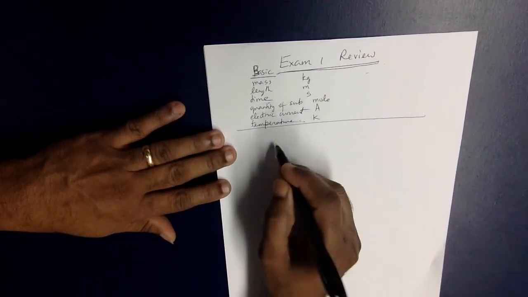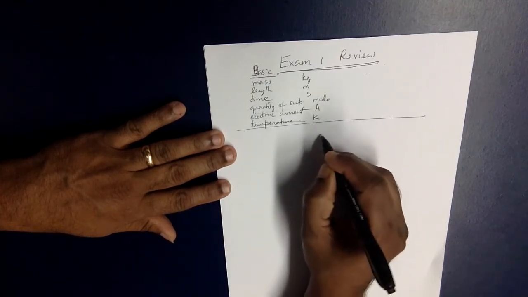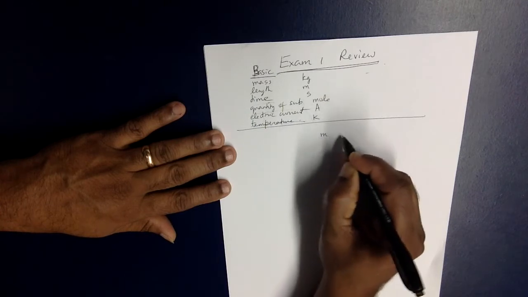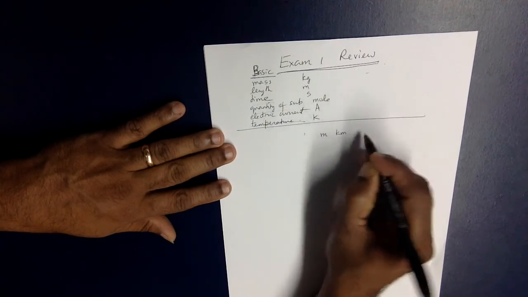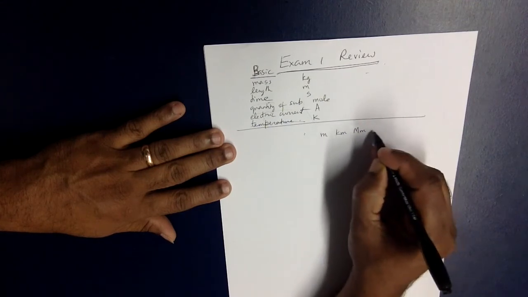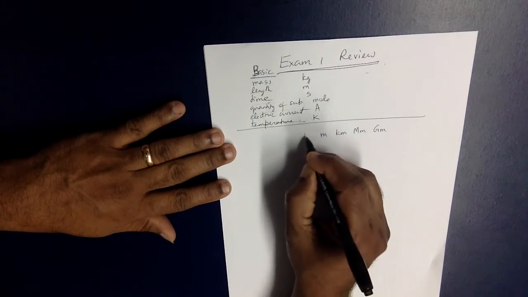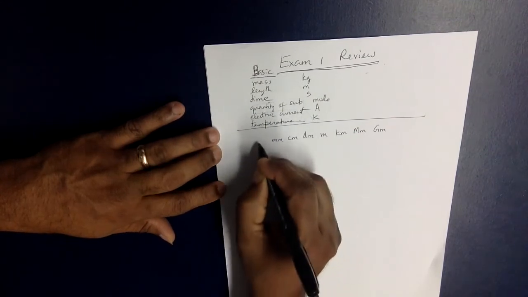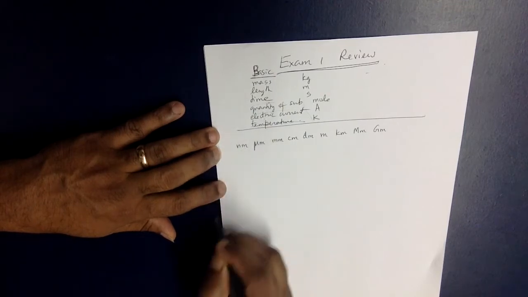Okay. The other thing you should know is the prefixes. I've shown you so many prefixes like meter, then kilometer, then megameter, then gigameter, and on the lower side decimeter, centimeter, millimeter, micrometer, nanometer.